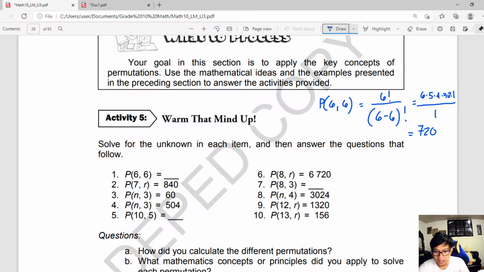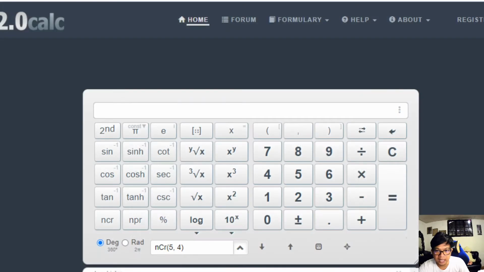Now, I have here an online calculator. Sige, tingnan natin itong online calculator natin. As you can see, ito, yung nPr, is what we call the permutation.